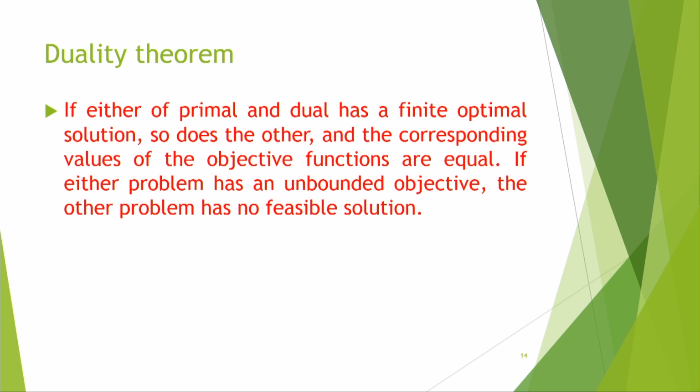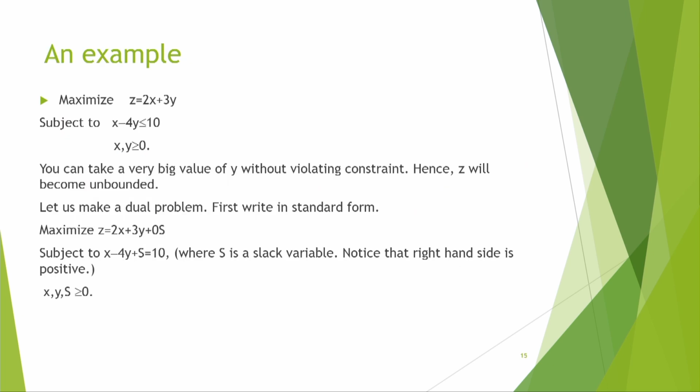Suppose primal has a finite optimal solution, say its value is 50 or 100. Then naturally there is a solution for the dual problem also, and the corresponding values of the objective functions are equal. But if either problem has an unbounded objective, suppose primal is unbounded, then the other problem has no feasible solution. So if one is unbounded, the other gives no feasible solution. This is called the duality theorem.